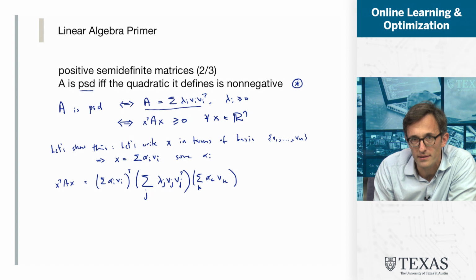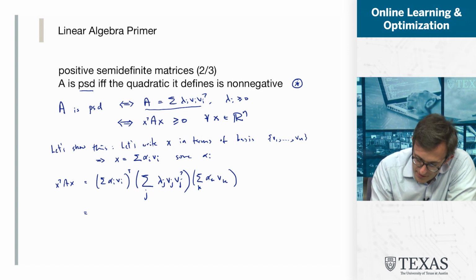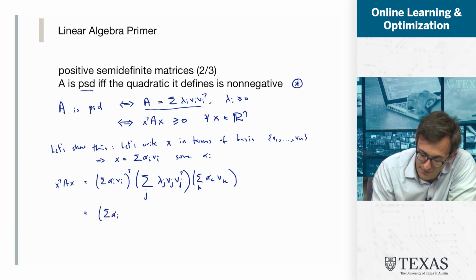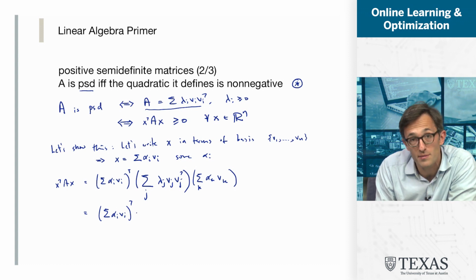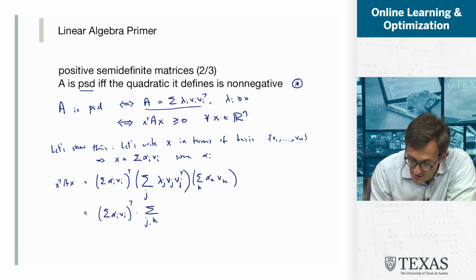Let's start combining these and using properties of the v's, namely orthogonality. I'm not going to mess with the left-hand side right now, so this is still the sum of alpha i vi transpose. And now this is a sum over j and k, so let's do it simultaneously: the sum over j and k of lambda j alpha k vj transpose vj vj transpose vk.